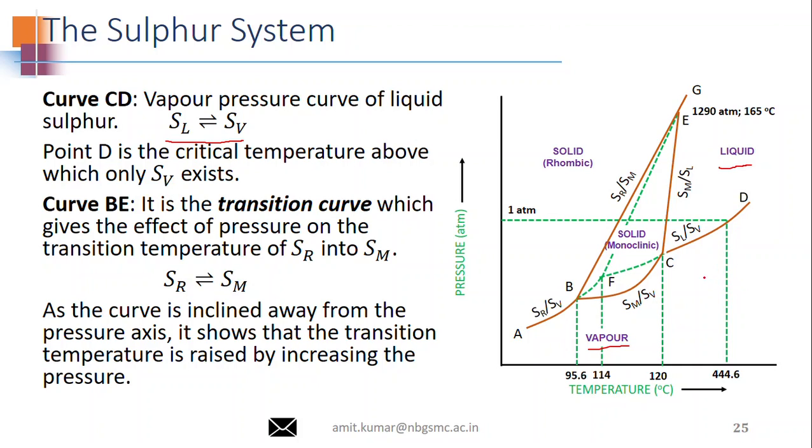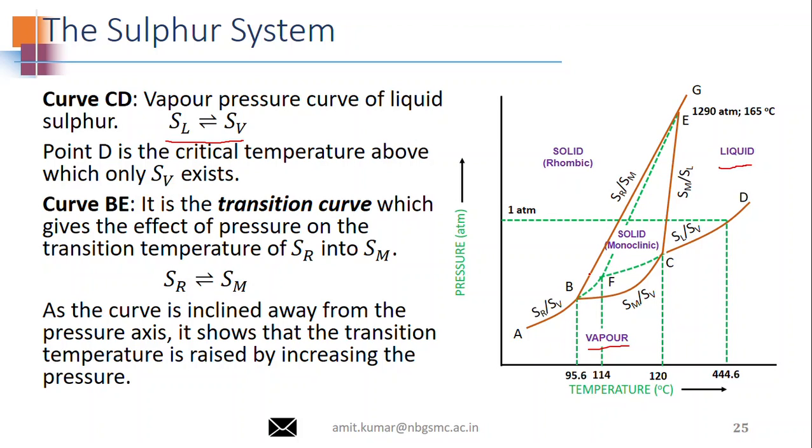Looking at curve BE, as you can see, this curve is inclined away from the pressure axis, and this is the transition curve. Why transition? Because sulfur in rhombic state is changing into sulfur in monoclinic state, and they are at equilibrium with each other. Decreasing the temperature, solid monoclinic will be converted to rhombic. Increasing the temperature, rhombic will be converted to monoclinic.